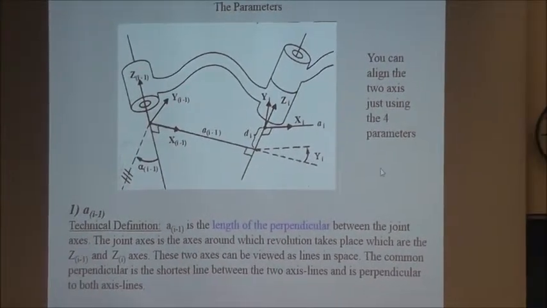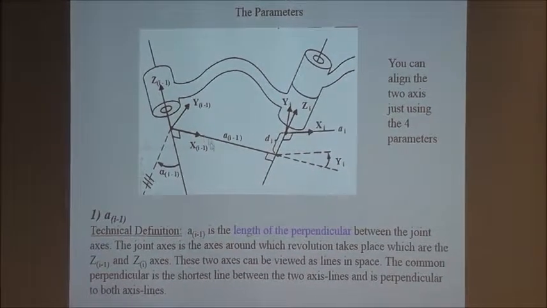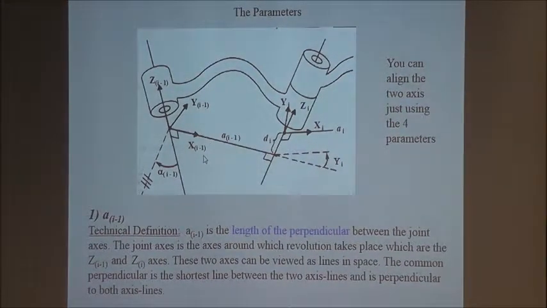Here is a schematic defining the Denavit-Hartenberg parameters. You will recall that we have four parameters: a_{i-1}, alpha_{i-1}, d_i, and theta_i. So you have two translational and two rotational parameters.